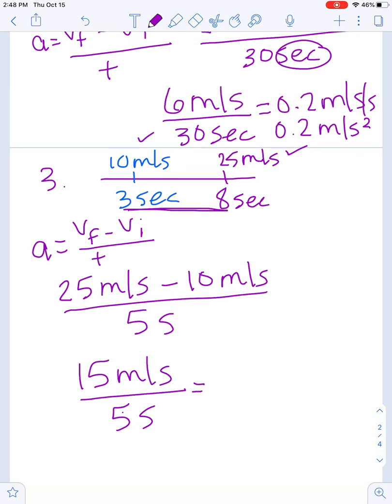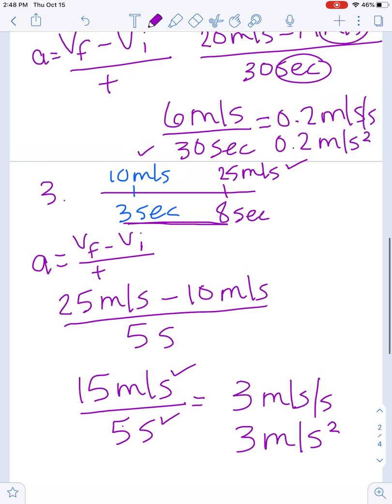15 divided by 5 is 3. Now I am ready for my units, which is meters per second from here, per second from here, or I could say 3 meters per second squared. Let me back this up to this section right here. I kind of combined a step there.